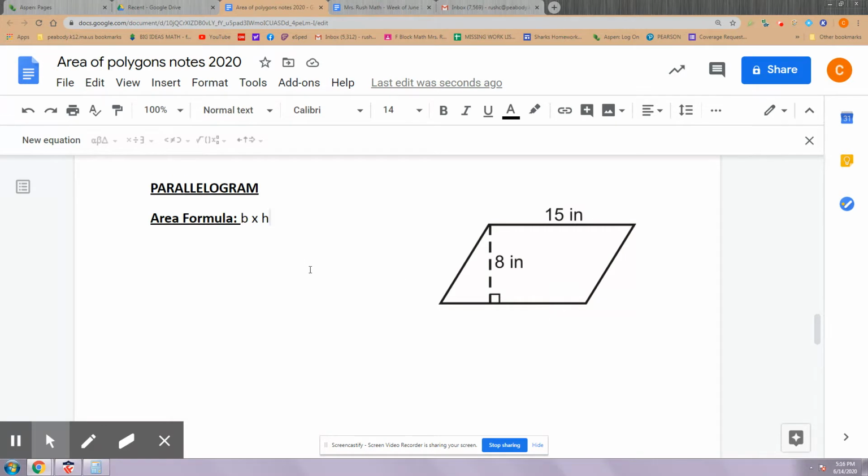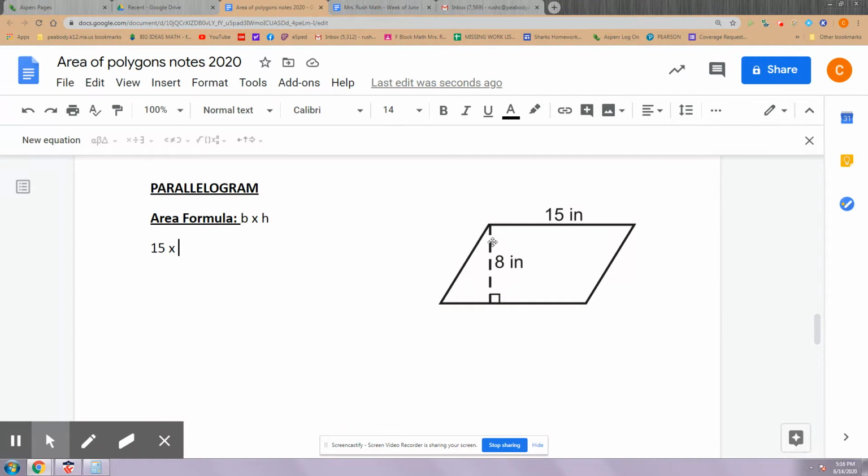All right, so let's find the area of this parallelogram. The base in a parallelogram is the top or the bottom. So I would say the base is 15, multiplied by the height. Remember, the height is how tall something is. And I usually look for the right angle. That's at the bottom of the height. The height is from the top to the bottom where the right angle is.